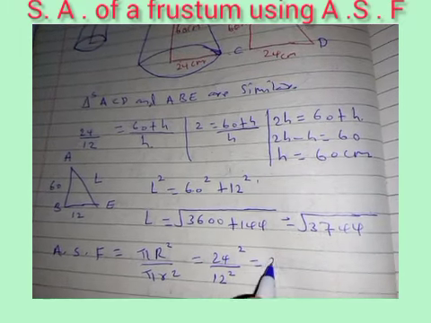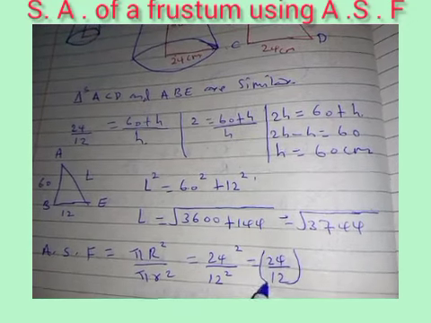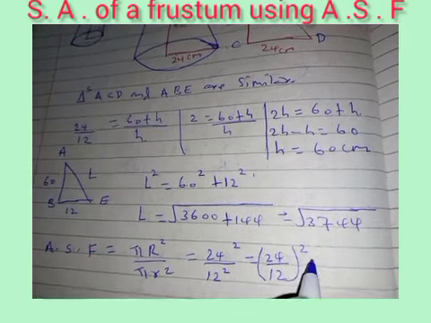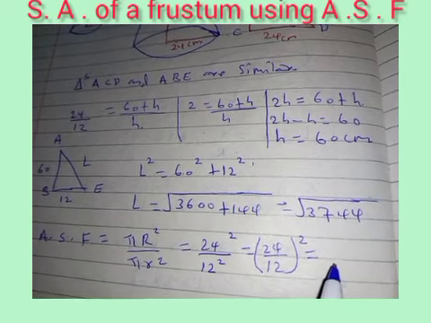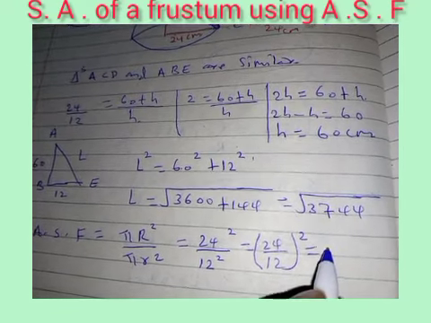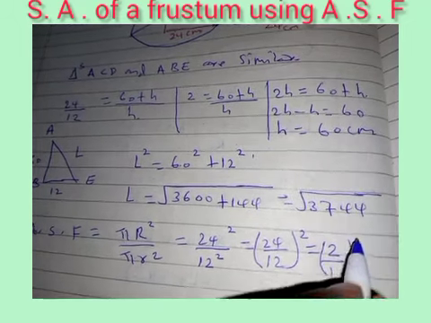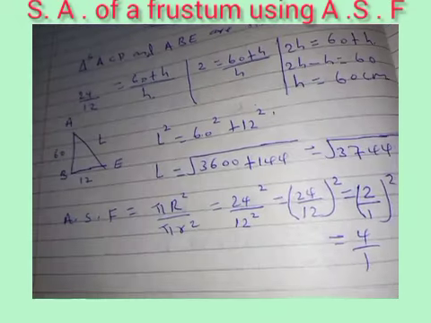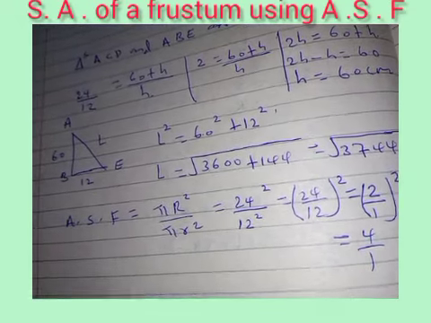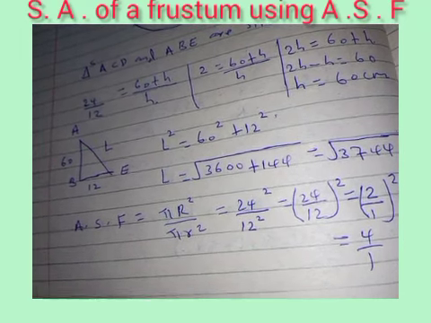Here we can factor the square outside this way to simplify our working. So 24 divided by 12 will give you 2 over 1. Then you square this part. This is equal to 4 over 1. Area scale factor is 4 over 1. Then from there, we get the curved surface of the small cone.